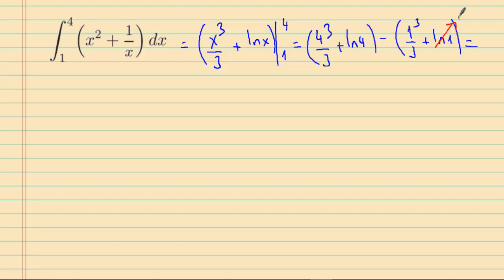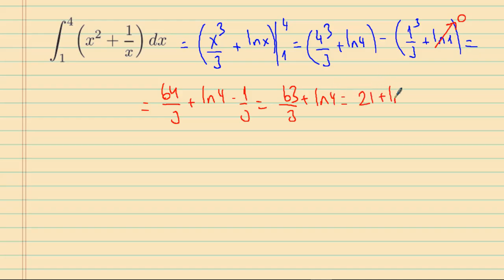We know ln 1 is 0, and 4 to the power 3 is 64, so 64 by 3 plus ln 4 minus 1 by 3, so it will be 63 by 3 plus ln 4, so it will be 21 plus ln 4.